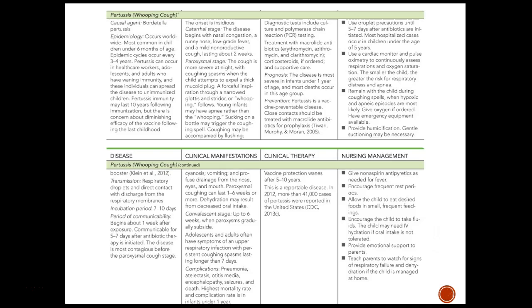We just finished up individual module 6 in relation to newborns, and we know how quickly they can go into respiratory distress. So it's very important to keep a close eye on them and continuously monitor their respiratory system if they have this illness. If the child has a coughing spell, it's very important that you remain with them until that coughing spell is over.